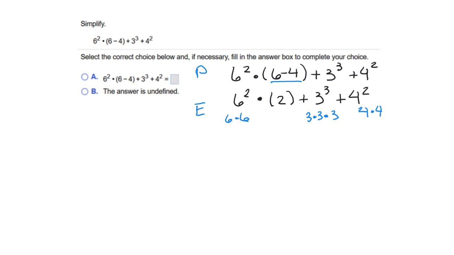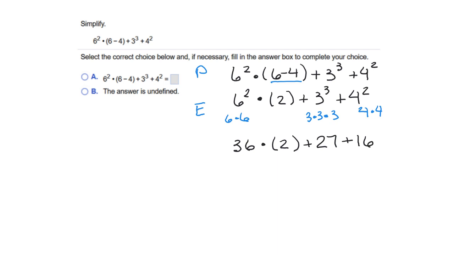So once we rewrite after taking care of our exponents, we have 36 times 2. You can drop the parentheses off if you'd like. 3 to the third power is 27, and 4 to the second power is 16. So we took care of our exponents.